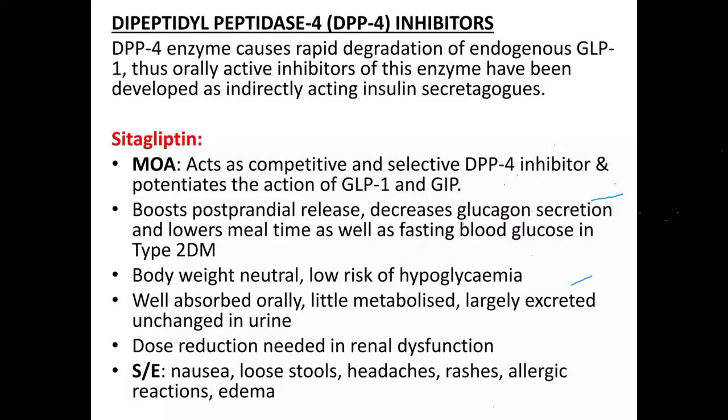The DPP4 enzyme causes the rapid degradation of endogenous GLP-1, the GLP-1 released after food intake. As soon as the degradation of GLP-1 occurs, orally active inhibitors of this enzyme have been developed as indirectly acting insulin secretagogues. So what does that line mean?